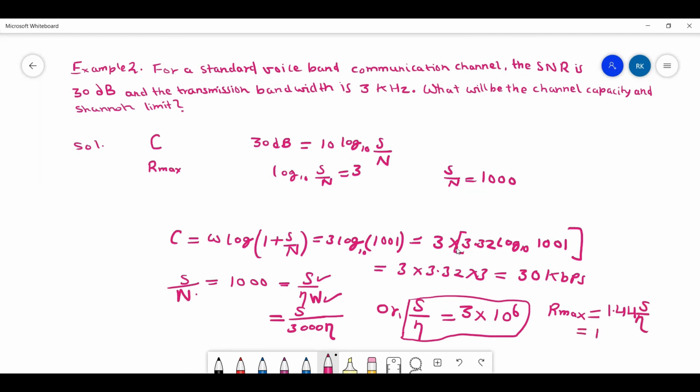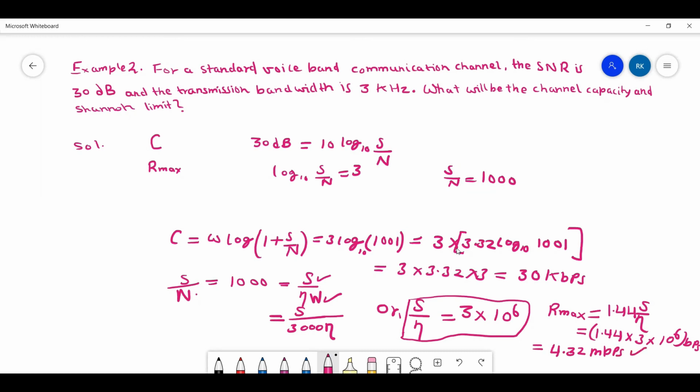So ultimately we have 1.44 into 3 into 10 raised to power 6, and this value has a unit of bits per second, and that will give us the value of 4.32 megabits per second.